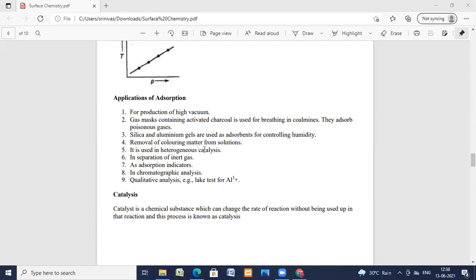It is used in heterogeneous catalysis, in separation of inert gases, in adsorption indicators, in chromatographic analysis, and in qualitative analysis, for example the lake test for aluminum.